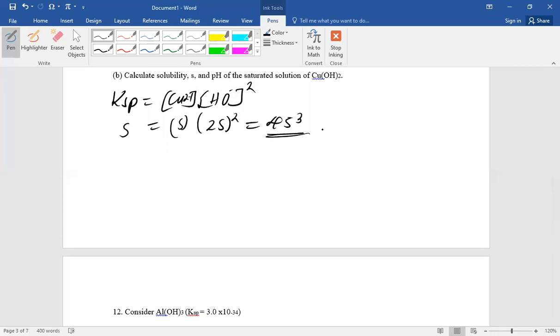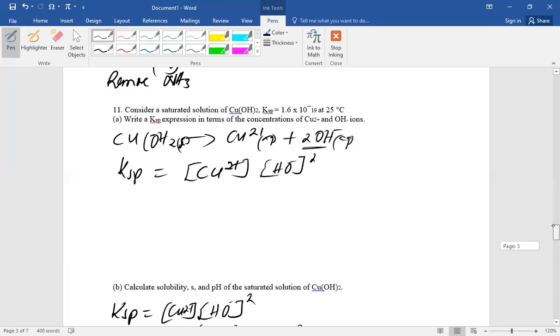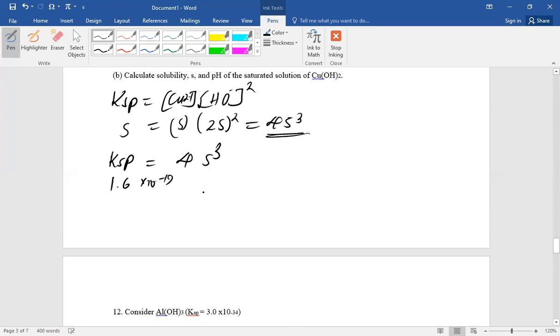Now that this is 4S cubed, what's the value of S? KSP is equal to 4S cubed, so we divide through by 4. Let me just confirm that: 1.6 exponent negative 19 divided by 4.